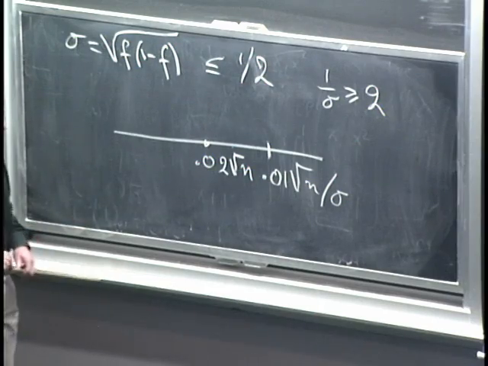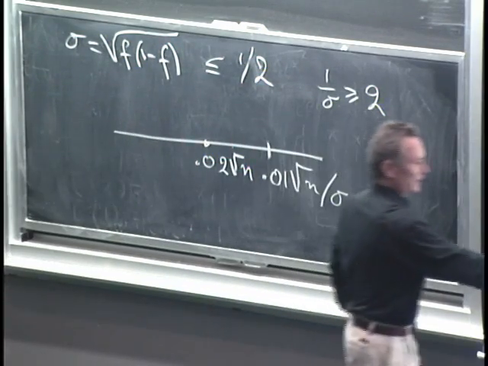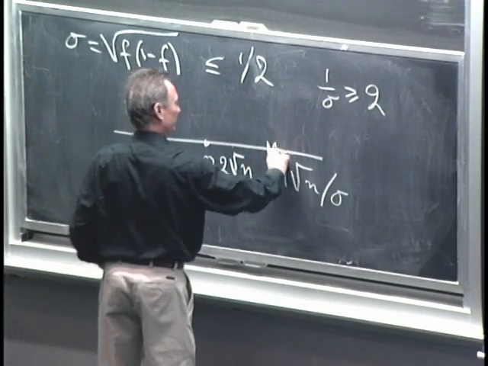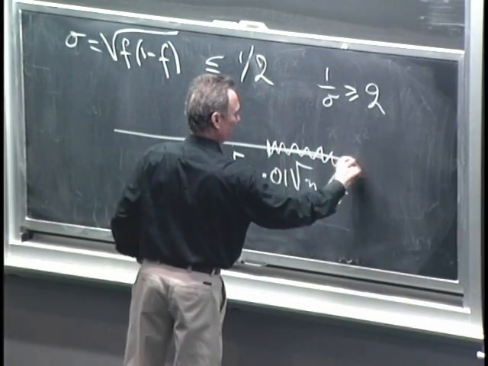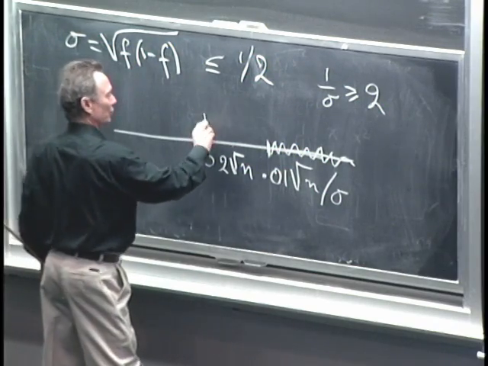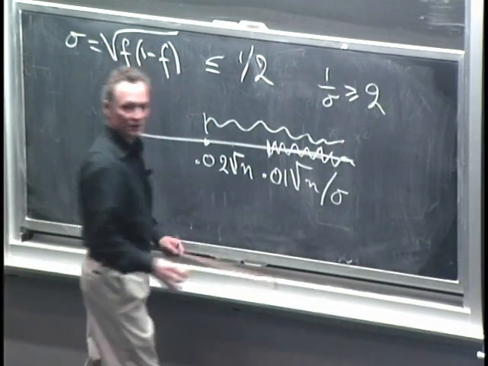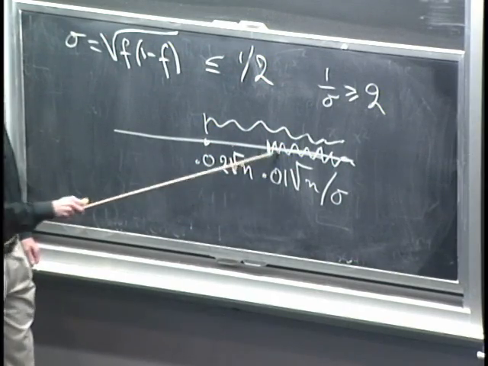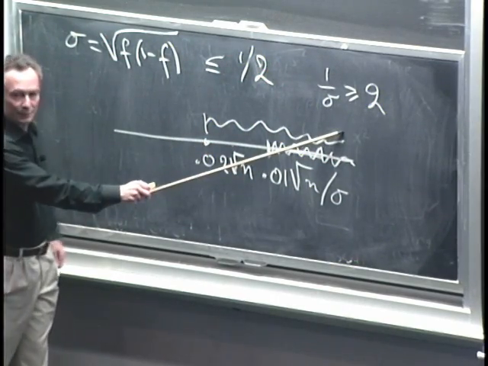So here we have the probability that z is bigger than this number. The probability of falling out there is less than the probability of falling in this interval. So that's what that last inequality is saying. This probability is smaller than that probability.